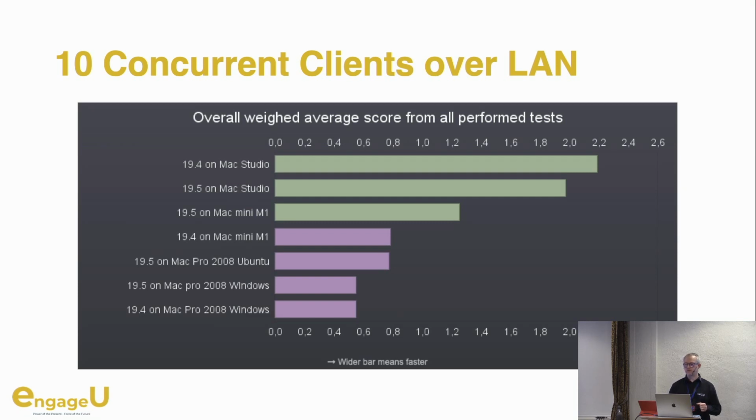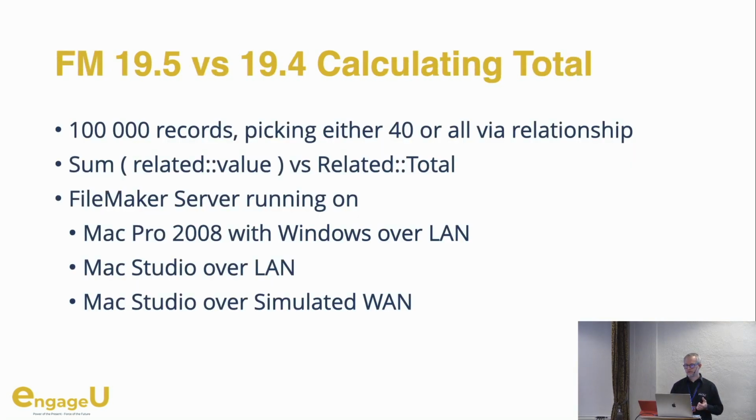When running concurrent users on the LAN, in one case with the Mac Studio as a server, it was even slightly faster running 19.4, but again, it was not significant. So I was wondering how the calculation of summary fields on the server affected my test results.